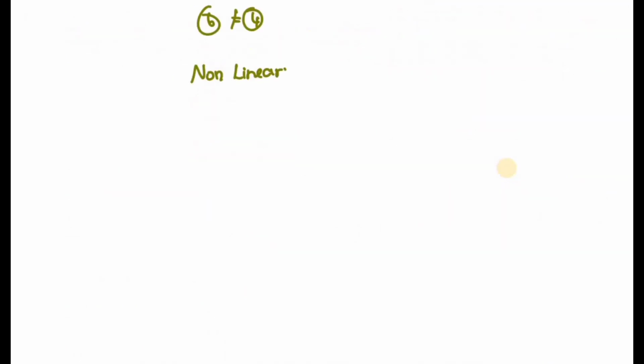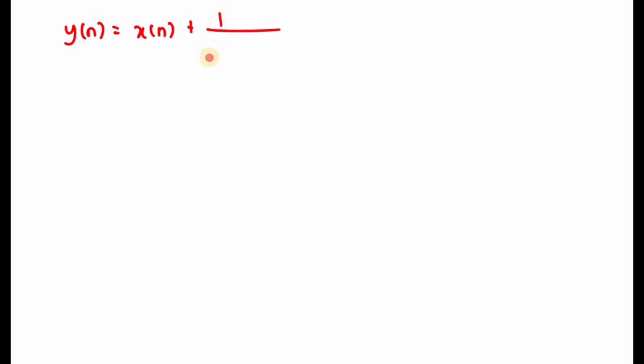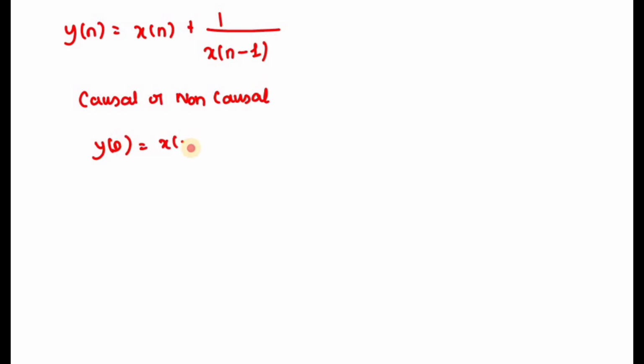So next, the question is y of n is equal to x of n plus 1 divided by x of n minus 1. To find causal or non-causal, you have to substitute n is equal to 0. If I substitute n is equal to 0, it becomes x of 1 divided by x of minus 1.